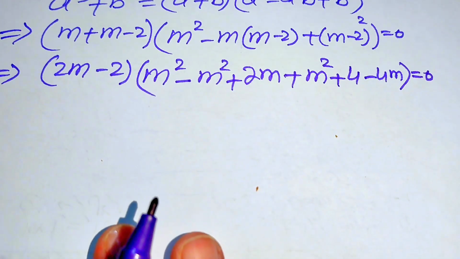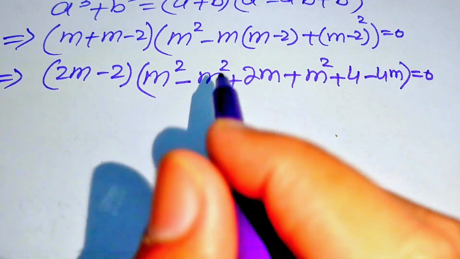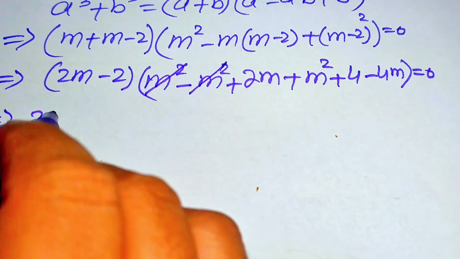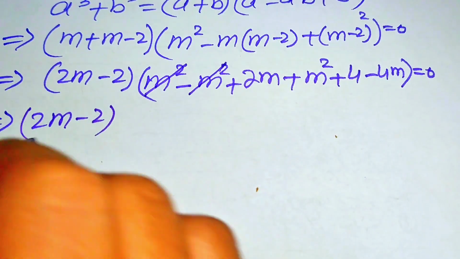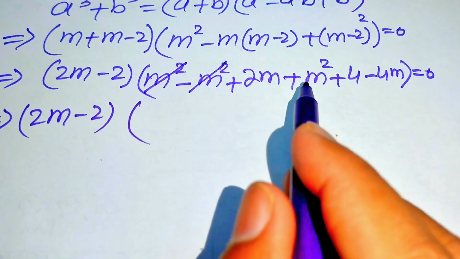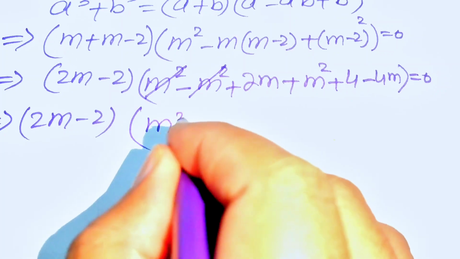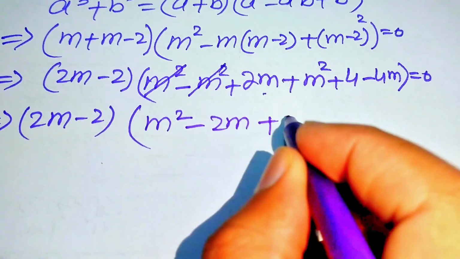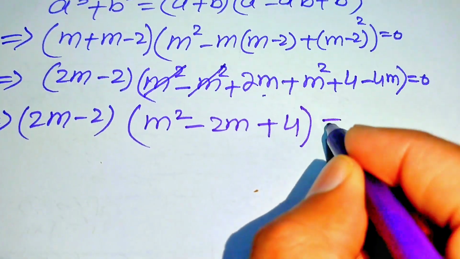And in the next step, here we need more simplification, and you see here this negative and positive are gone, and we obtain (2m minus 2) times, here we arrange these terms, and first we write m squared, and 2m minus 4m equals minus 2m, and this plus 4 equals 0.